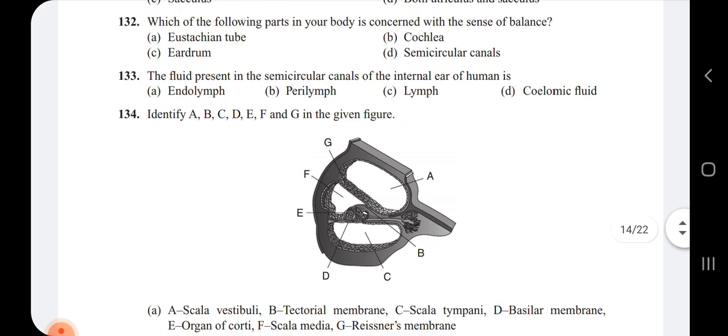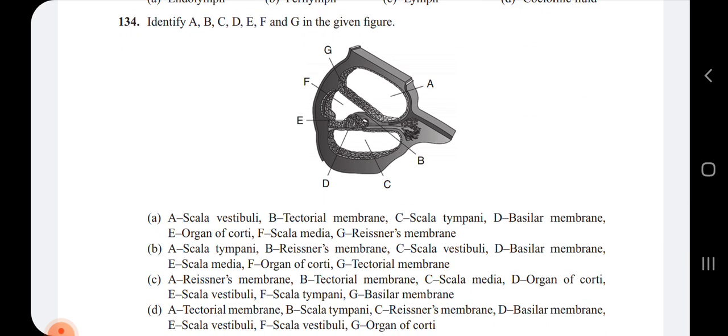Next, they have given the diagram of the sectional view of the cochlea, and we need to identify its parts. A is the scala vestibuli, B is the tectorial membrane, C is the scala tympani, D is the basilar membrane, E is the organ of Corti, F is the scala media, and G is the Reissner's membrane. So option A is the correct answer.